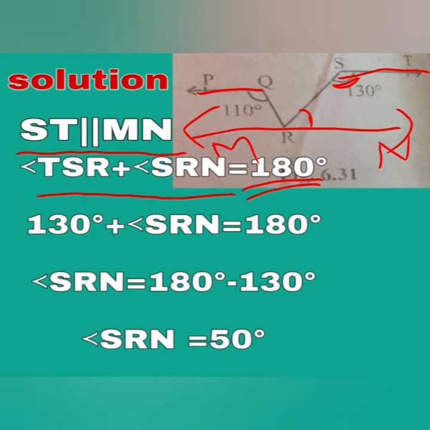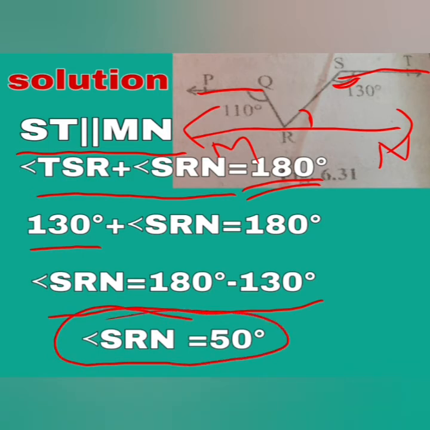TSR is already given, 130 degrees. So SRN is equal to 180 minus 130. The value of SRN is equal to 50 degrees.